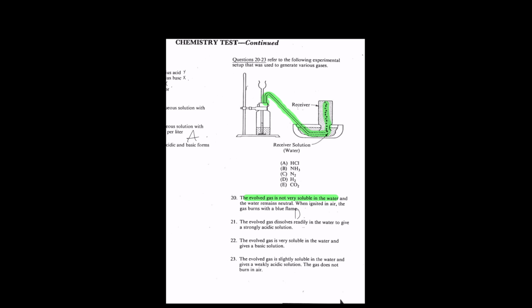Number 21. The evolved gas dissolves readily in water to give a strongly acidic solution. So this means that the gas is very soluble in water, and it gives a strongly acidic solution. And this should be A, because HCl is a very strong acid, and your SAT chemistry textbooks should have a list of strong acids and weak acids, and you need to memorize them for the test.